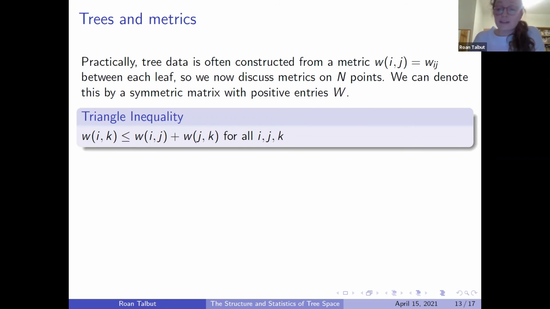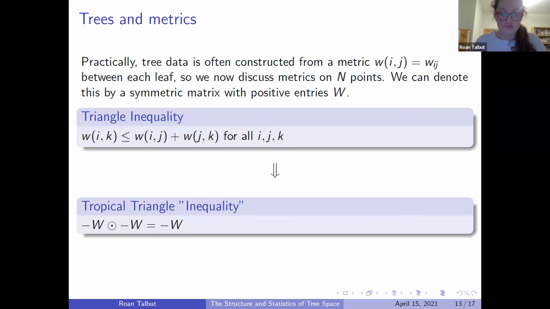Firstly, it's a metric, so we've got the all too familiar triangle inequality that we need to deal with. But we have tropical geometry to hand, so we can just tropicalize it, which gives us this very neat expression. Just to explain a bit about what's going on here, we're having to take these minus signs of our metric.